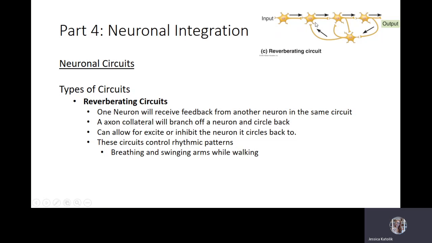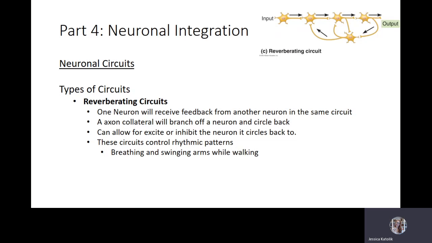So we have a signal going this way, and eventually the signal will loop back and can either inhibit that neuron or it can stimulate that neuron. And this is really awesome because it can lead to a positive or negative feedback.